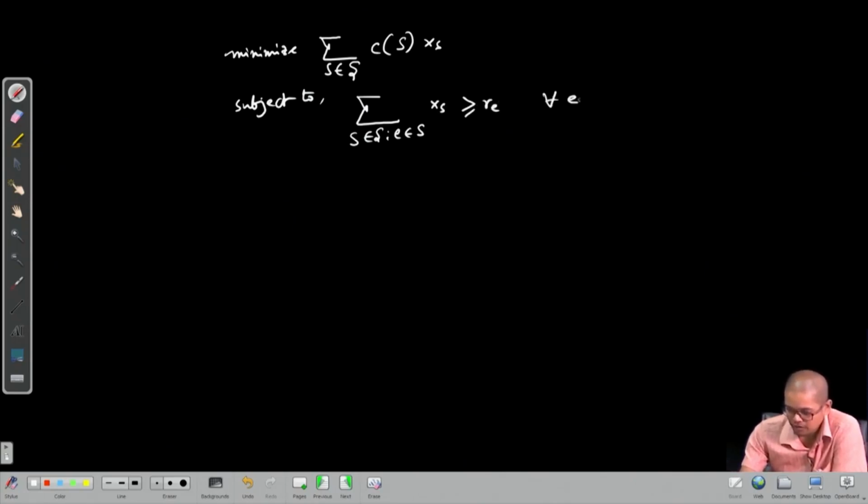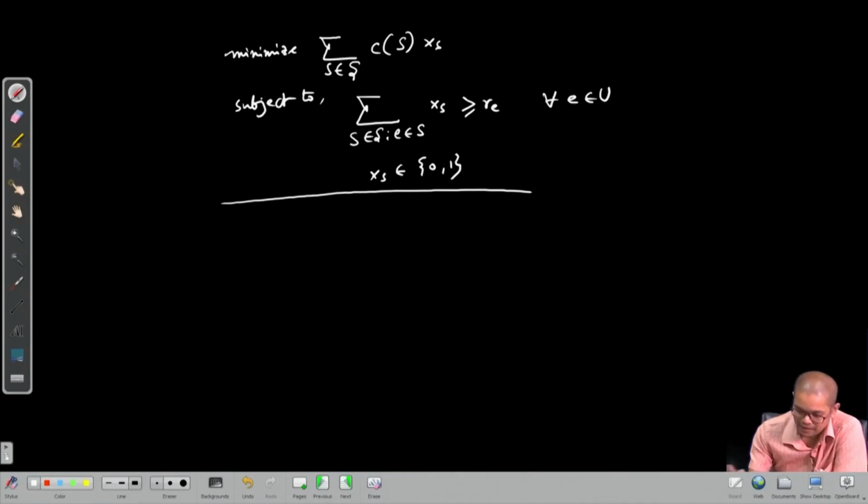This is for all E in U, and x_S is between 0 and 1. This is the ILP formulation.